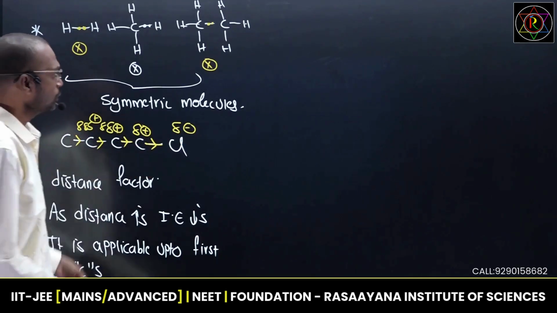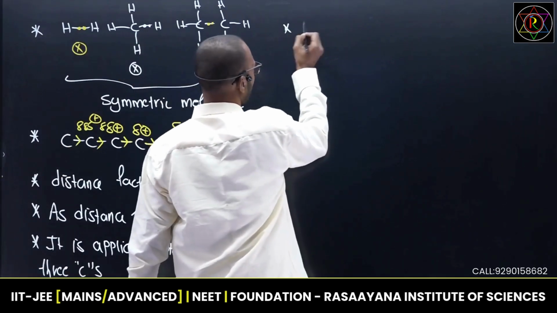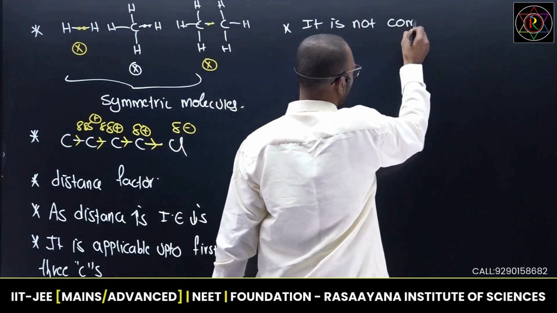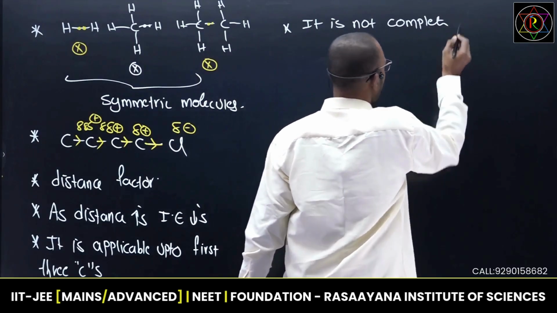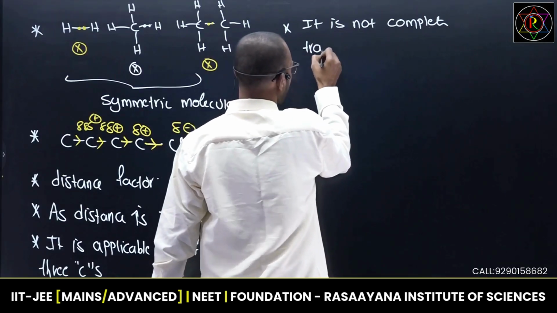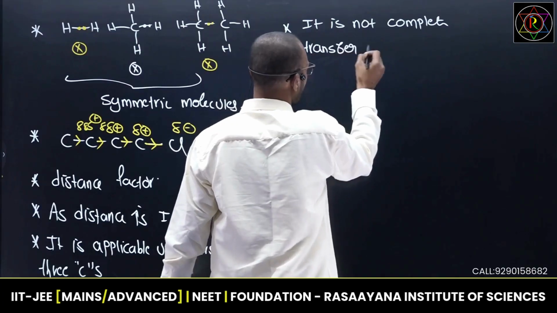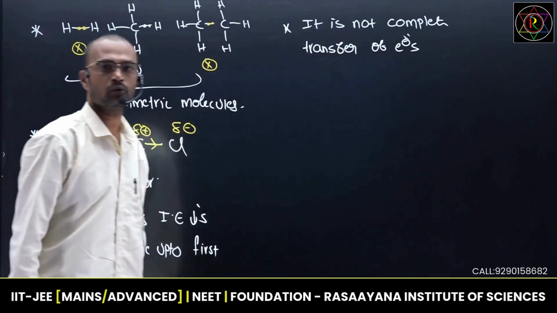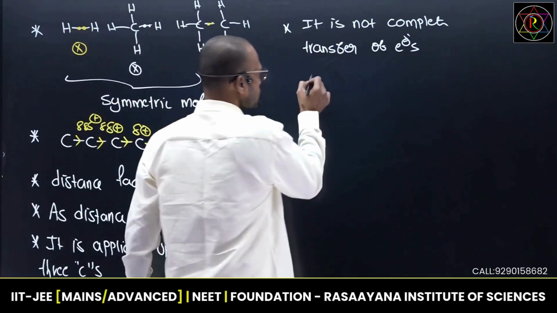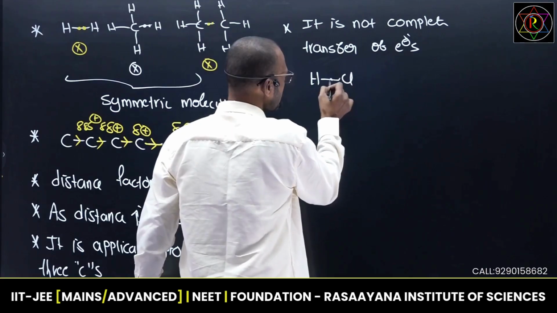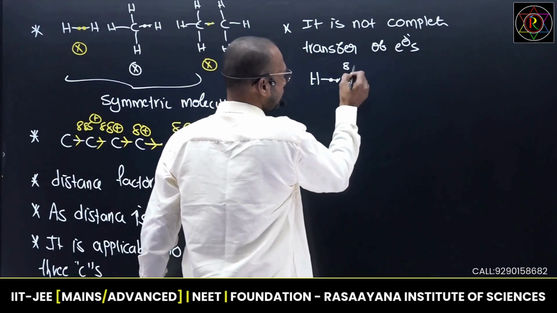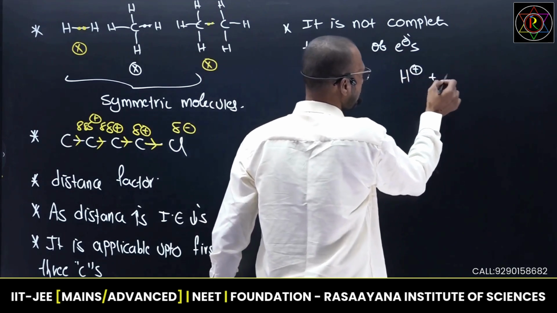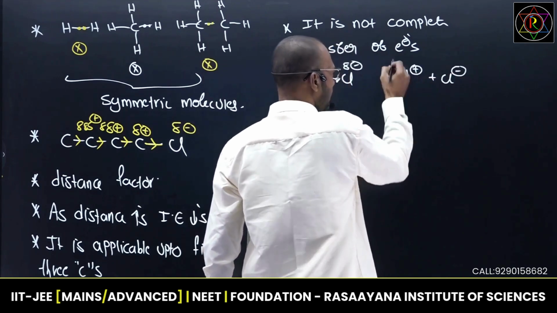Okay, so the inductive effect is not a complete transfer of electrons. Don't think that electrons are completely transferred to the highly electronegative element. Here electron density is shifted towards chlorine, and this is the inductive effect. But if you make them ionize, that is not the inductive effect.